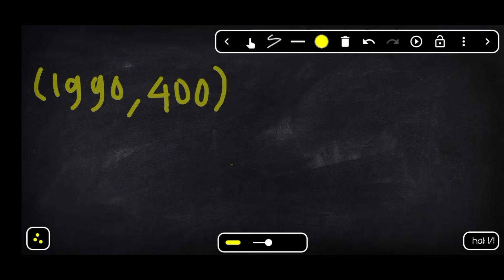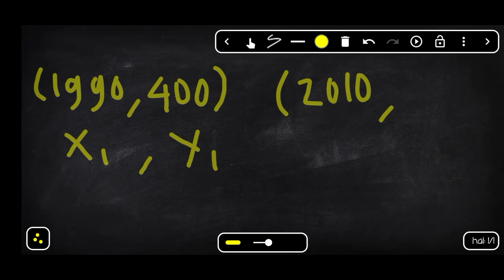For the first point, 1990 is x1 and 400 is y1, and for the second point, 2010, 600, I will say that 2010 is x2 and 600 is y2.